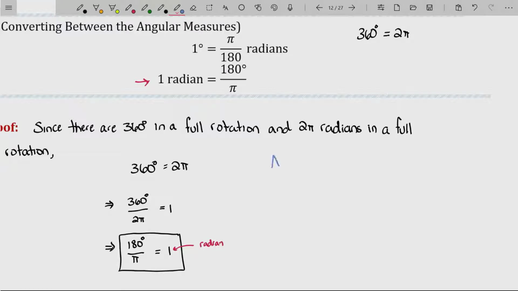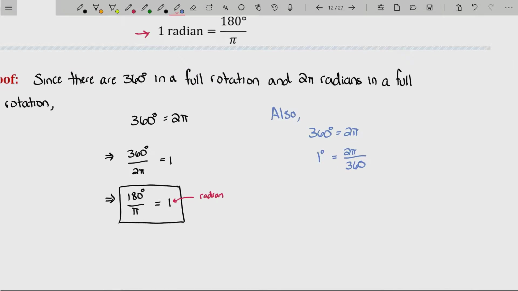So I'll say also, we have that 360 degrees, again, is just 2 pi. Now, in this case, if you divide both sides by 360, not 360 degrees, but 360, you'll be left with 1 degree is equal to 2 pi over 360. That fraction will reduce.